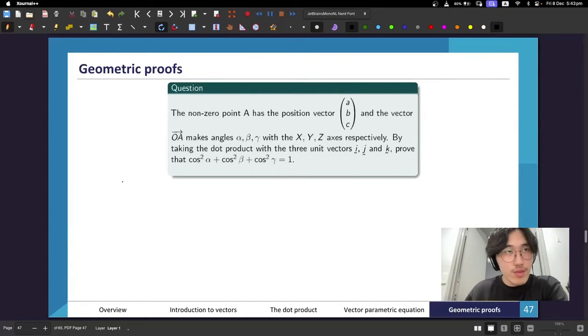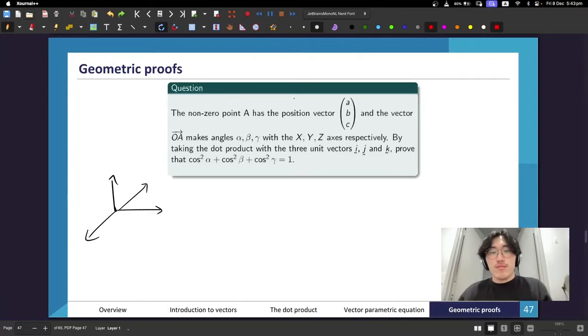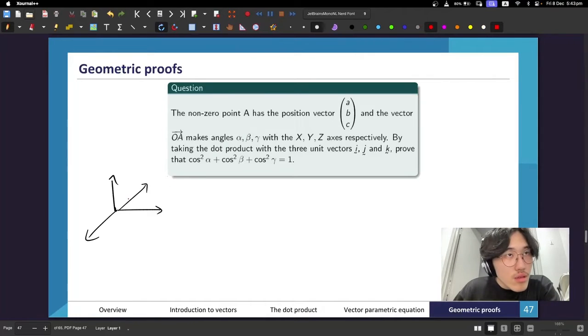Okay, let's draw a diagram. Okay, so it's asking us to find this angle, this angle, this angle. Well, it's asking us to find relationships about those angles actually.